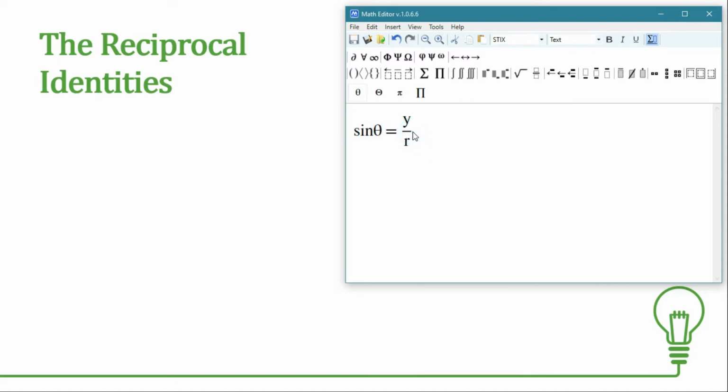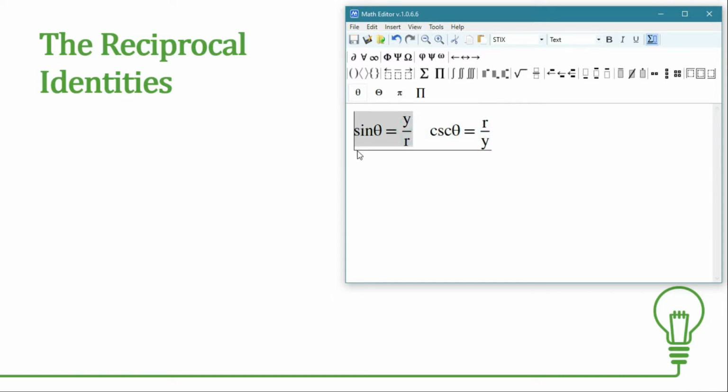Now, we also define the cosecant function as its reciprocal, wherein the cosecant of an angle is equivalent to r over y, which is definitely the reciprocal of the sine function.